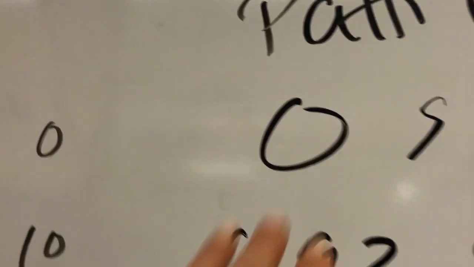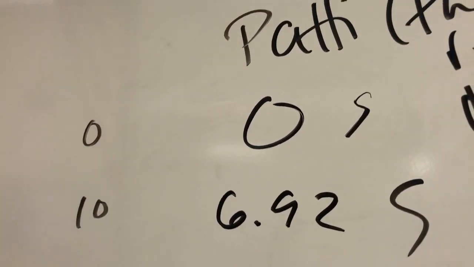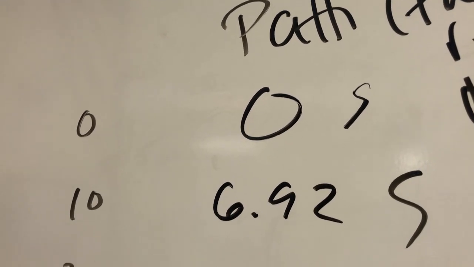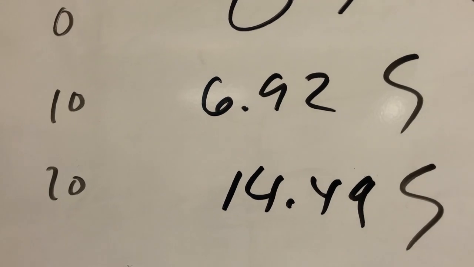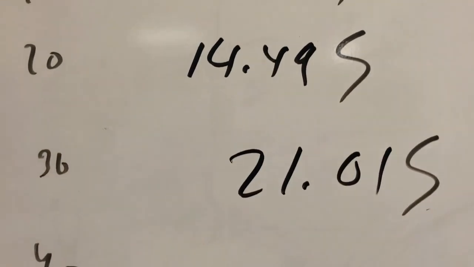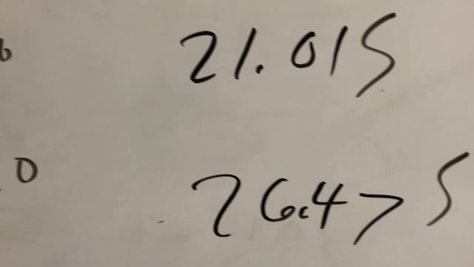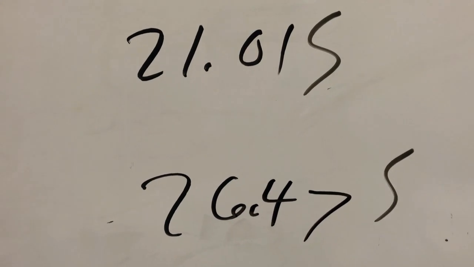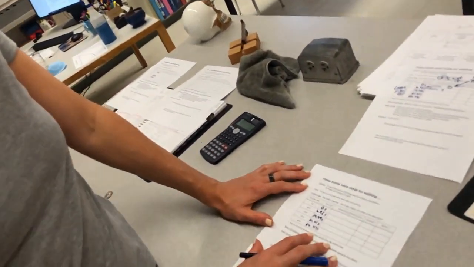At 0 meters, we have 0 seconds. 10 meters, 6.92 seconds. 20 meters, 14.49 seconds. 30 meters, 21.01 seconds. And at 40 meters, 26.47 seconds. Your paper should look like this.